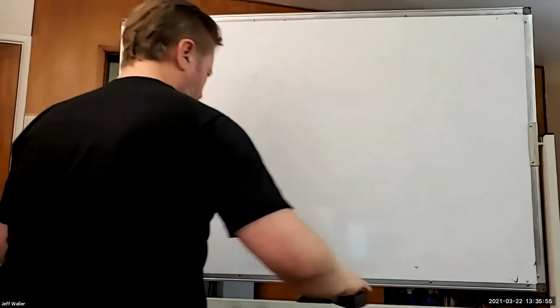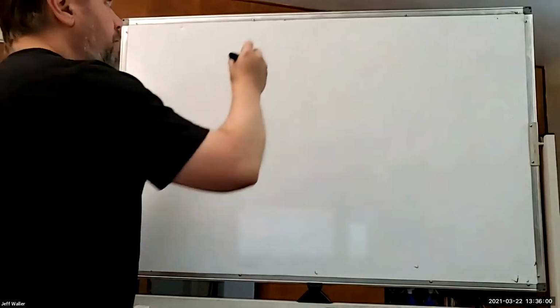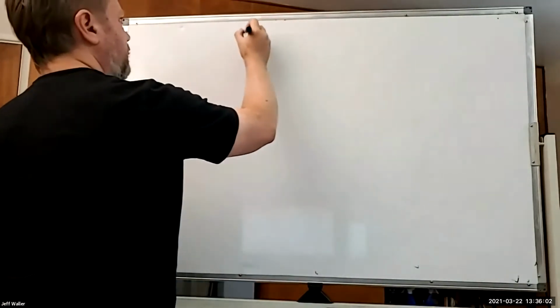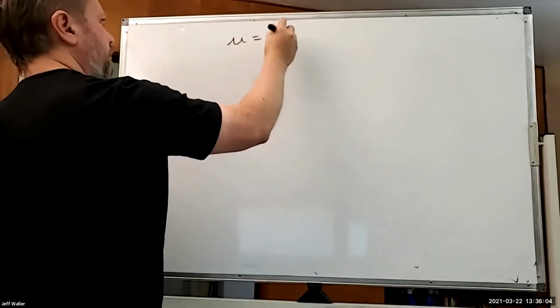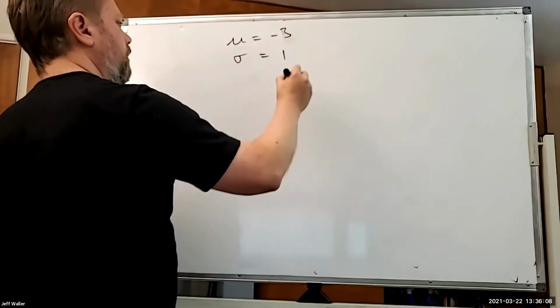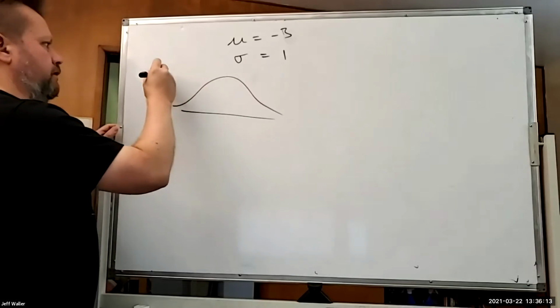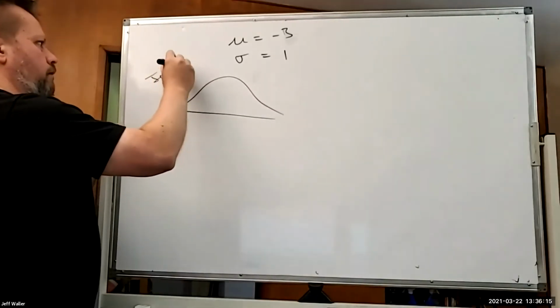First off, let's see. All right. They tell me that the mean is -3. They tell me the standard deviation is 1. Let me ask you a different question. This is Jeff's question, not the book's question.